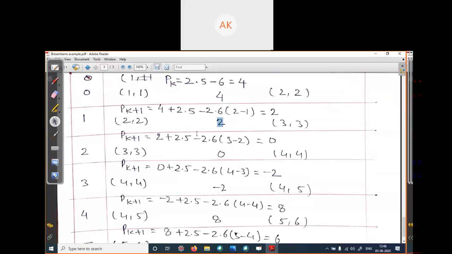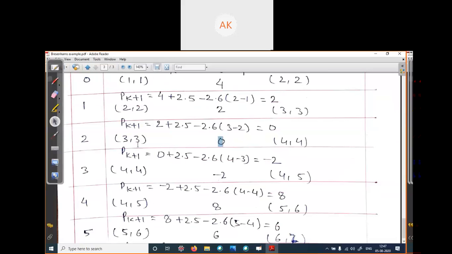Calculate the next decision parameter. Initial is 2, plus 2 into delta x, 5, minus 2 into delta y, 6, into xk plus 1, which is 3, minus xk, which is 2, so 1. 2 into 5 is 10, plus 2 is 12, minus 12, which is 0.